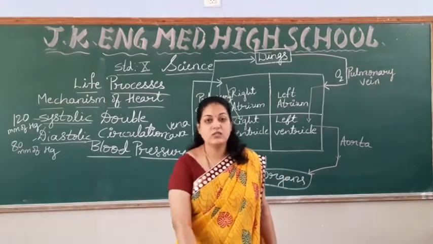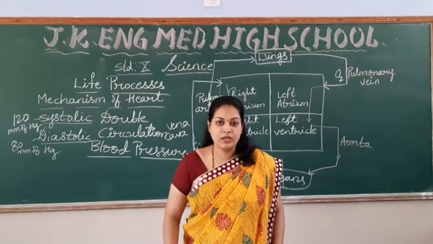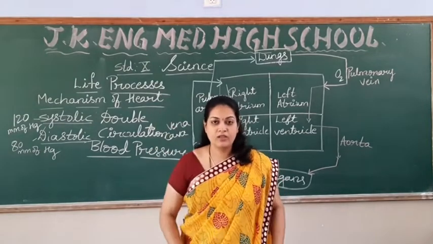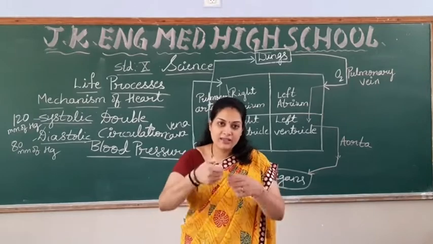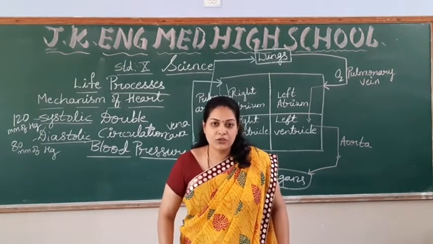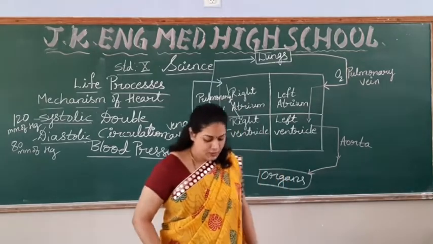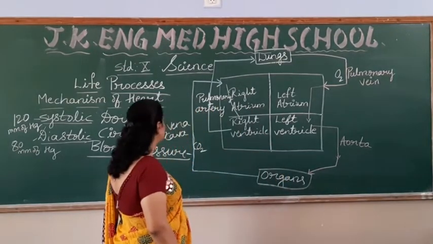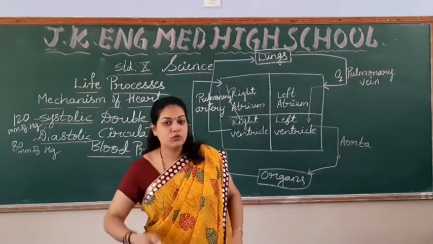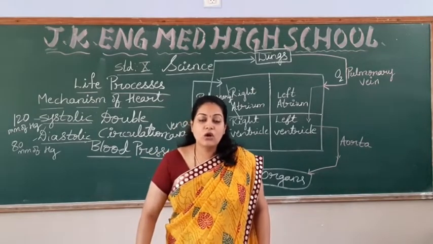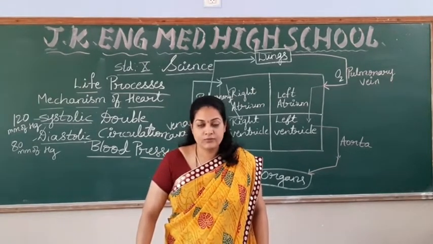You might have seen, students, how the doctors check the BP. They have an instrument. They will tie the band to the arm and then they will check the blood pressure. That instrument is called a sphygmomanometer. The instrument they use to measure the blood pressure is called a sphygmomanometer.